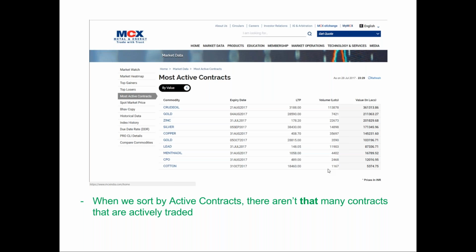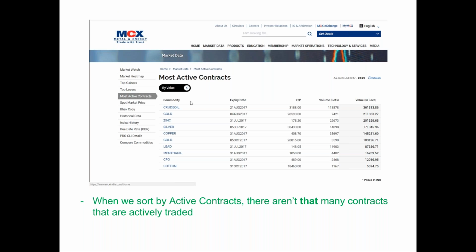Yes, Ibn Rajaj is mentioning that natural gas doesn't feature in most active contracts. Yes, that's exactly right. You would expect things like gold mini and crude mini to be mentioned here, but they're not. So you should understand that there aren't that many contracts that can be traded.